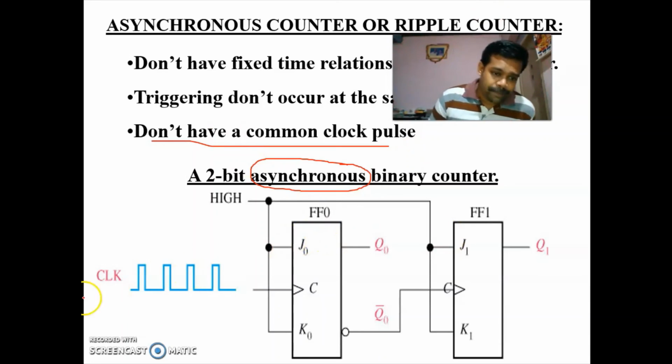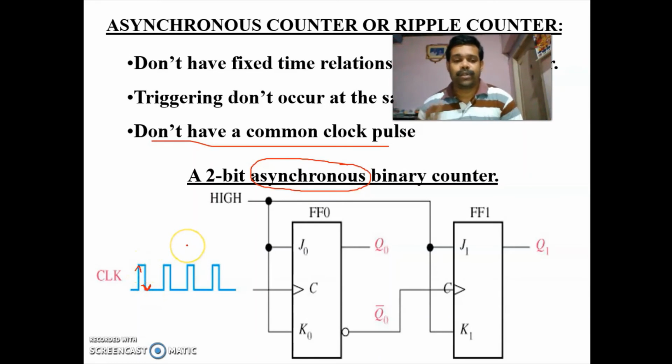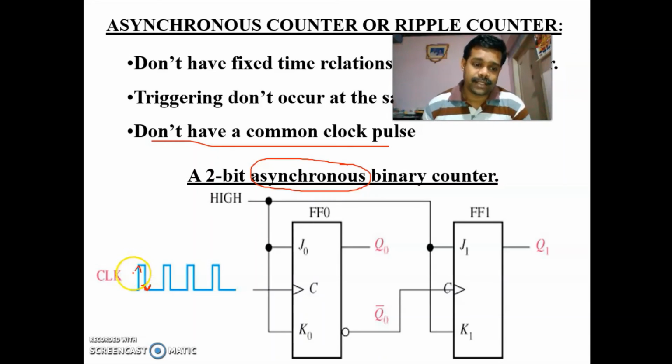Please listen. This is a clock. These are the two edges of the clock: this is the positive edge and this is the negative edge, and this is the level. Edge triggering means making the flip-flop change its state at these edges.